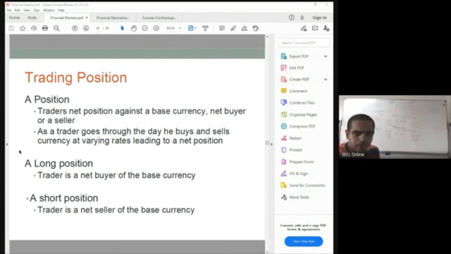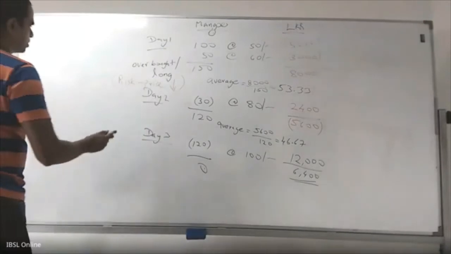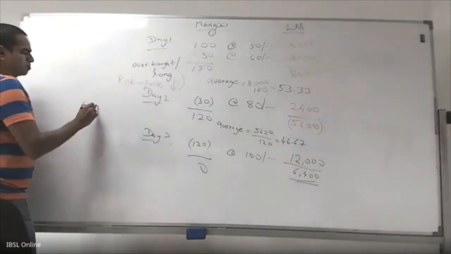Right. A long position is where a trader is a net buyer, and a short position is where the trader is a net seller. So remember, if you are long or overbought, your risk is the price dropping.